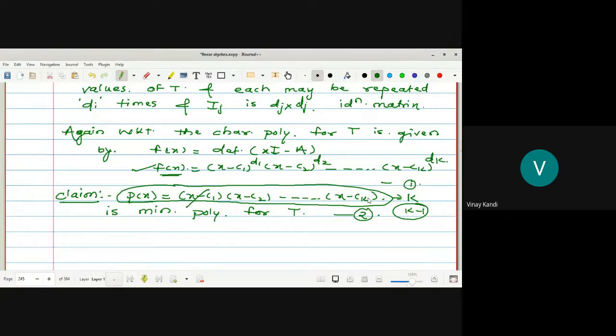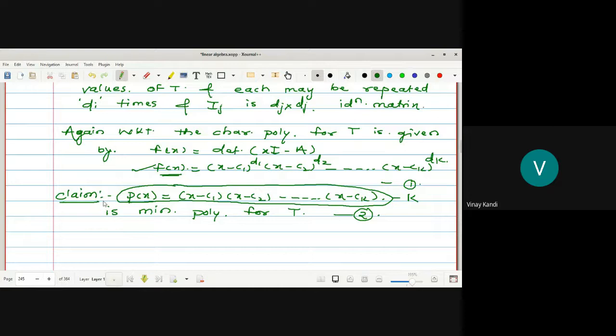Whether this p of x annihilates T, whether every root of f of x is a root of p of x? No. According to the theorem, your x minus c1 is not there. So here p of x is the least degree polynomial which can annihilate T. Now look at here.